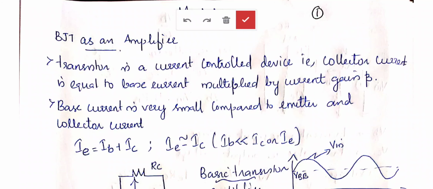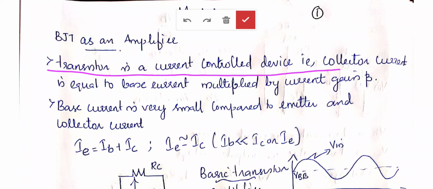So here the transistor is a current control device. What do you mean by current control device? It means the output current IC is controlled by the input current IB. So IC is equal to beta into IB. For the common emitter configuration, we have seen IC is equal to current gain beta into IB.